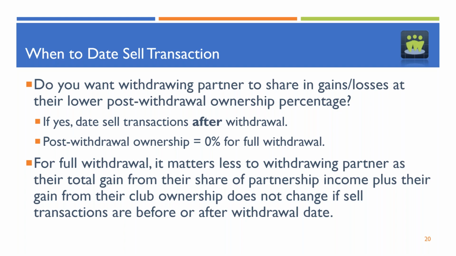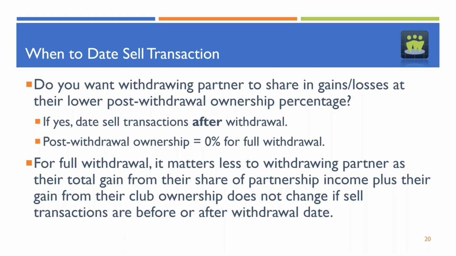So if you want them to be participating in those items, you want to make sure those income and sales transactions are dated before, not after, the withdrawal. Now for the withdrawing partner themselves, it really doesn't matter much for a full withdrawal whether you date them before or after the withdrawal. That's because their share of the gains, if you do it before their withdrawal, gets added to their cost basis in the club.